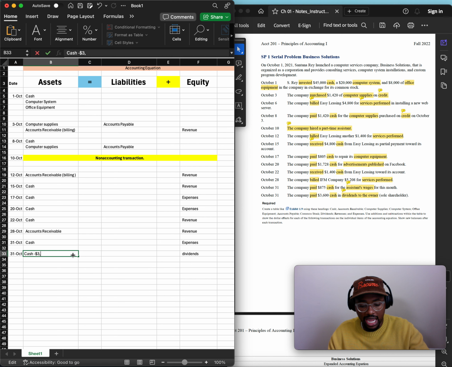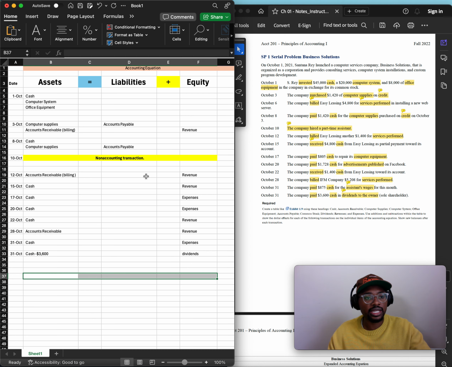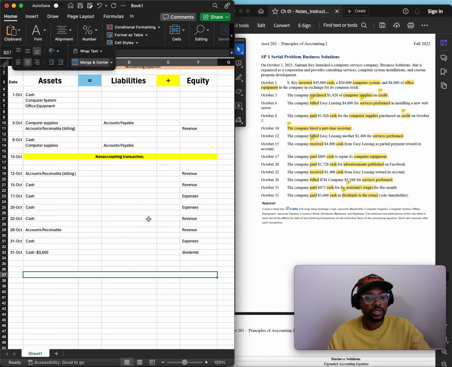So we're going to put a negative 3,600. So watch this, you all. If we're putting a negative 3,600 here, then we need to put a negative somewhere here so it can balance, right? Accounting is about one word, balance.